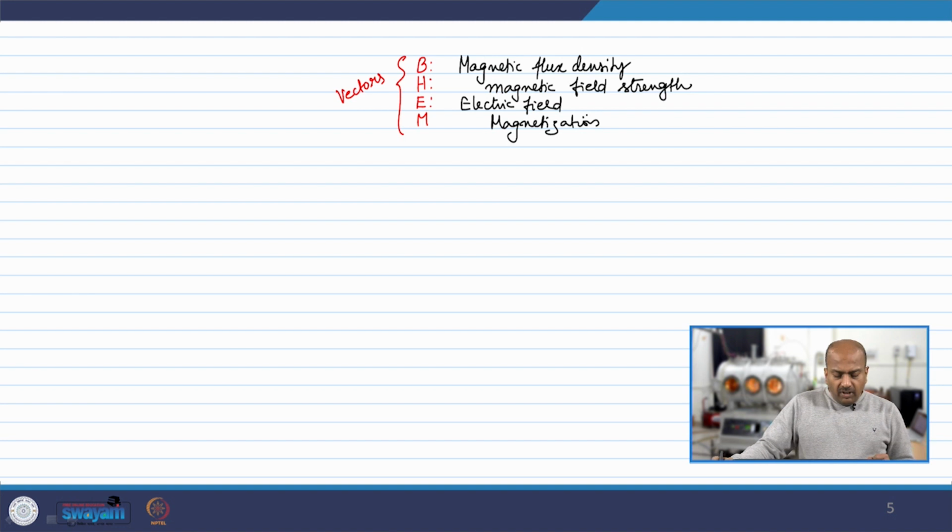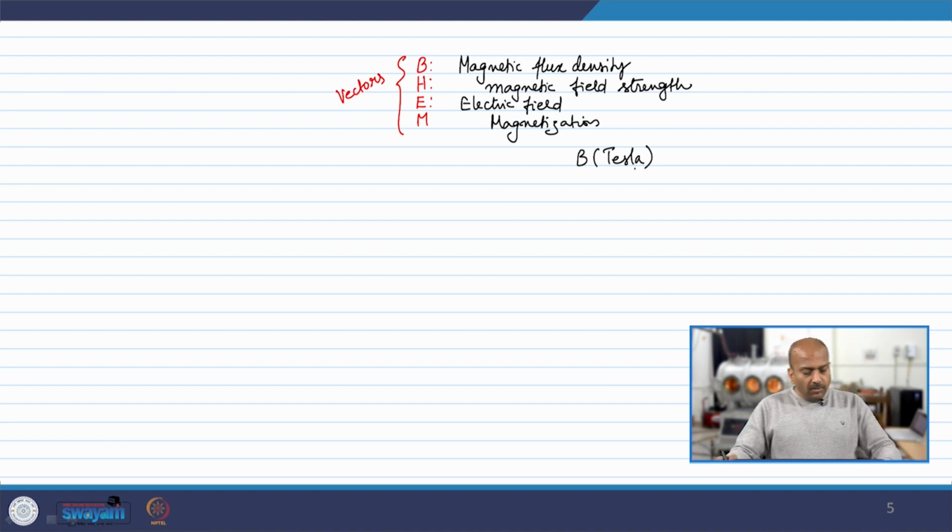So, the magnetic field that is generated by a current carrying wire is generally calculated by using Ampere's law or the Biot-Savart law, and we write it in the units of Tesla. But in vacuum, the magnetic field generated by a current carrying wire is written as B. B is equal to mu naught I by 2 pi r or something, right, which we write in the units of Tesla.